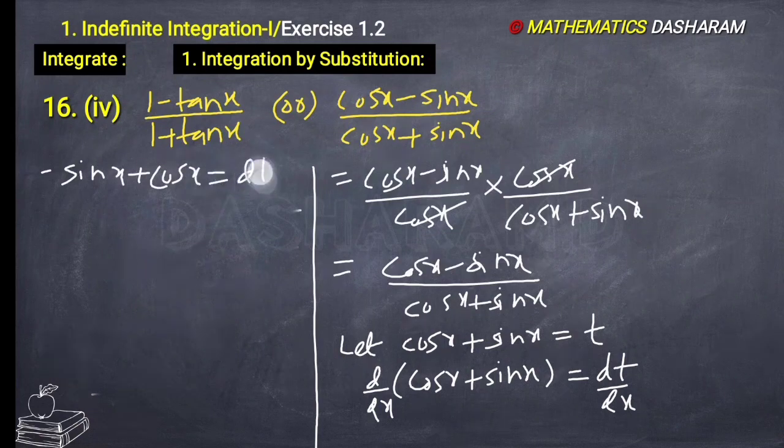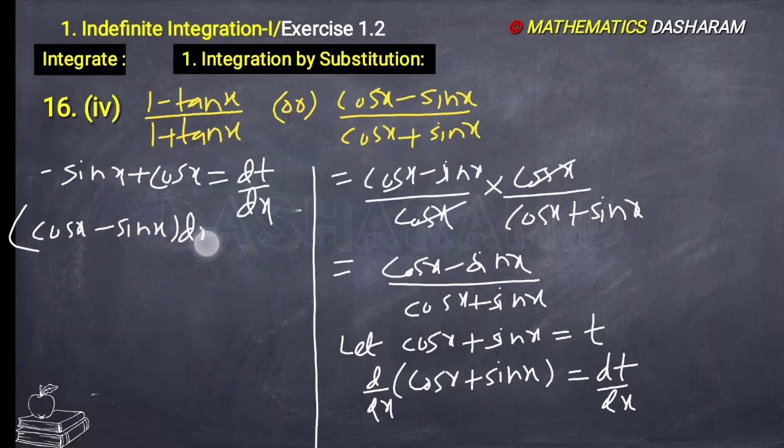So first write the positive term, next write the negative term, and dx transposes to the left side, it equals dt. Now substitute this t value and dt value in the given question.